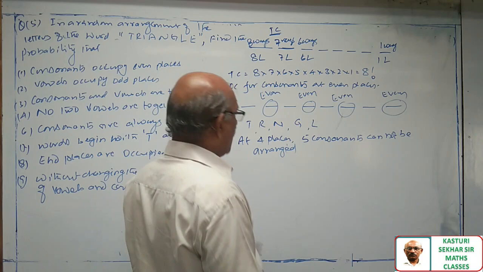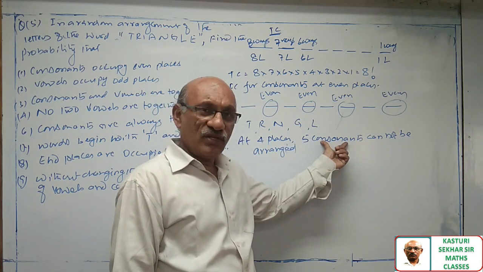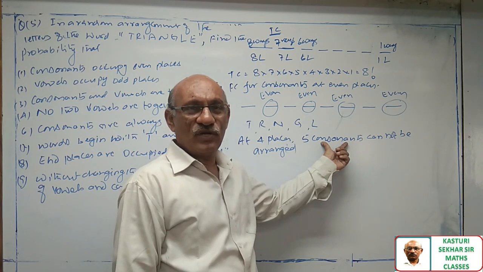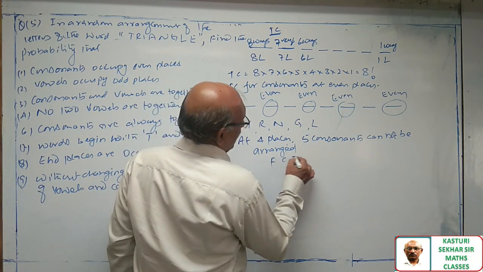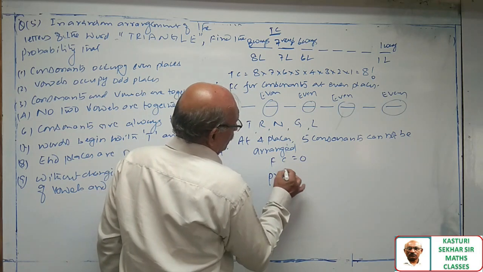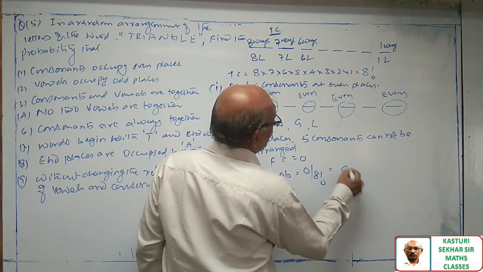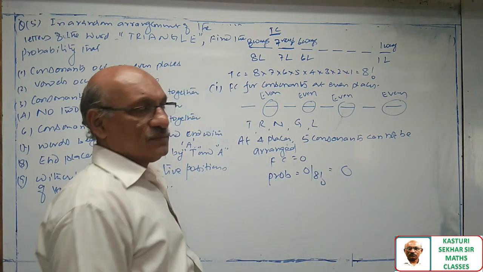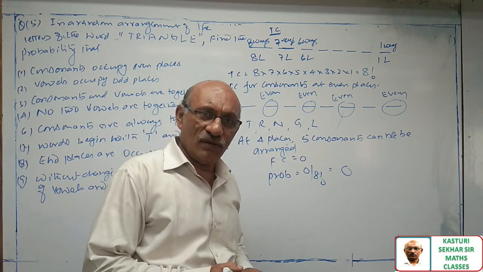Or you can say it is not possible to put 5 consonants at 4 places anyway. So favorable cases are 0, probability is equal to 0 divided by 8 factorial, answer is 0. There is no possibility, so probability is equal to 0.